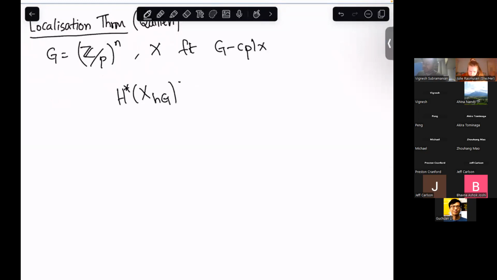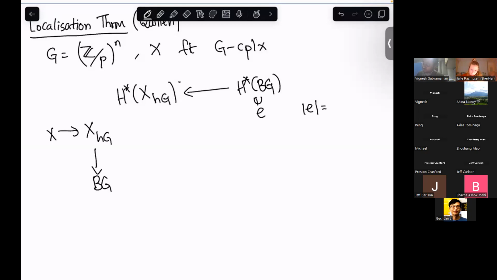And there is a map from the cohomology of BG coming from the fibration XG, BG, X. So there is a class here in degree 2 such that, so there is a class here.